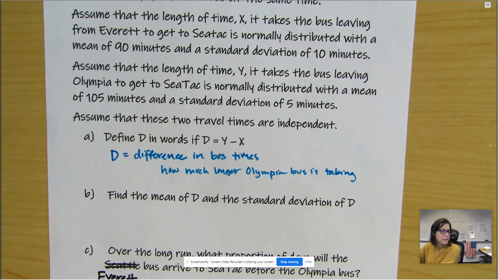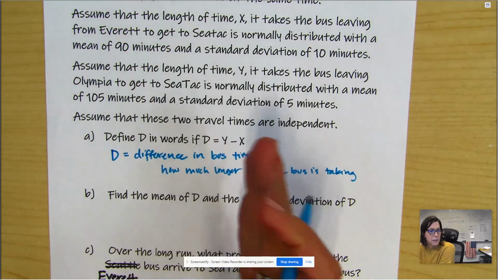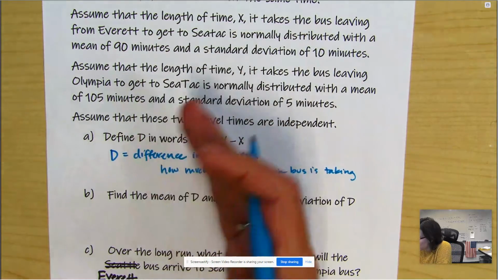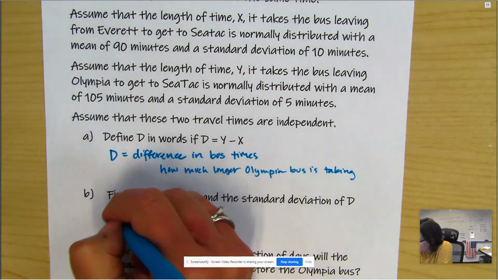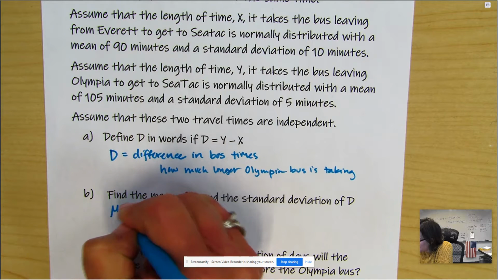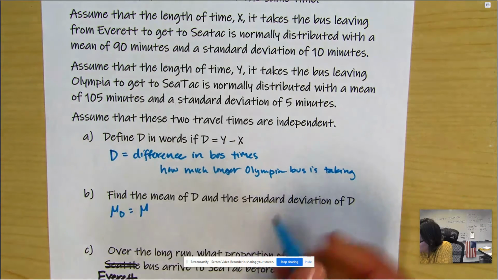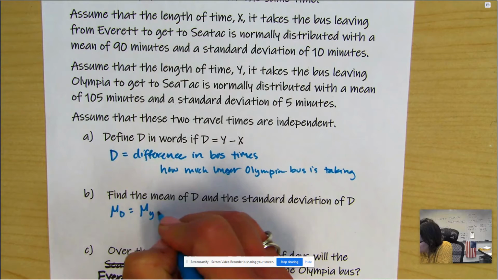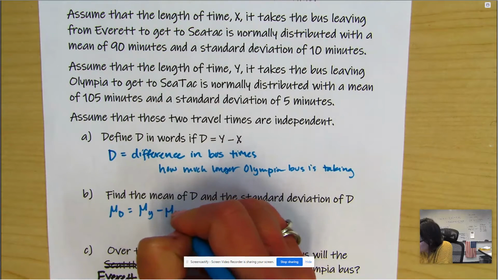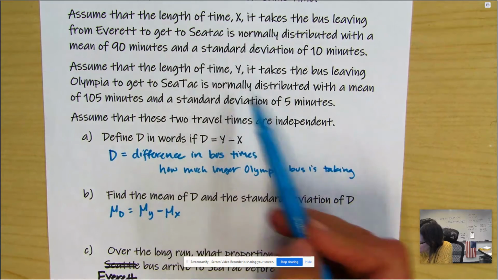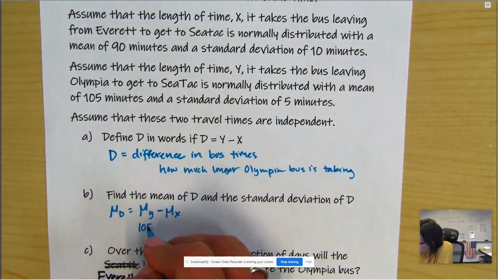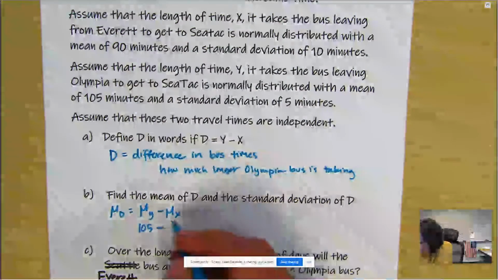So find the mean of D. When we subtract two random variables, we can just subtract their means as well. So the mean of the difference will be the mean of Y minus the mean of X. The mean of the Olympia bus is 105, and we're going to subtract the mean of the Everett bus.